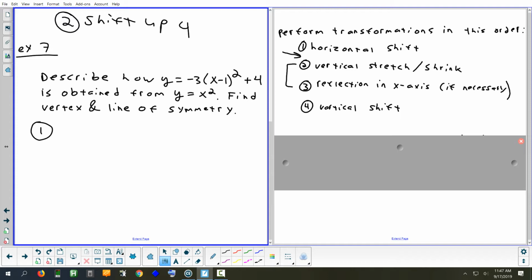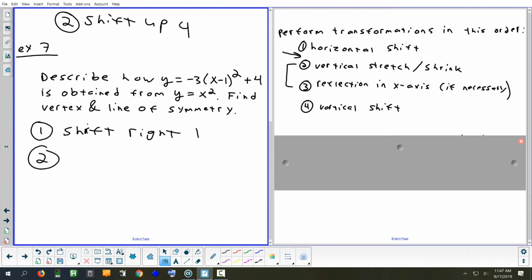How about, Eric, what's going to be my first transformation? Plus 1 on the x. So which way is it going to move and how much? Right on the x. So it's going to move to the right by 1. So shift right 1.